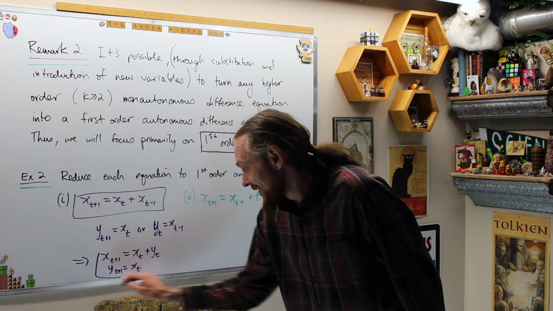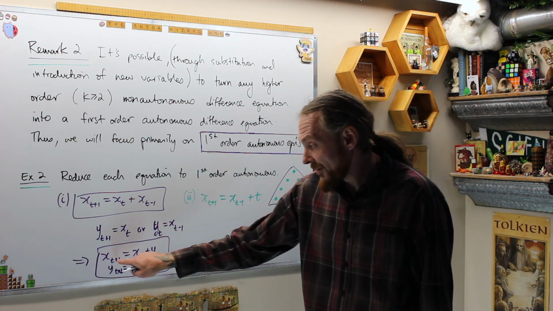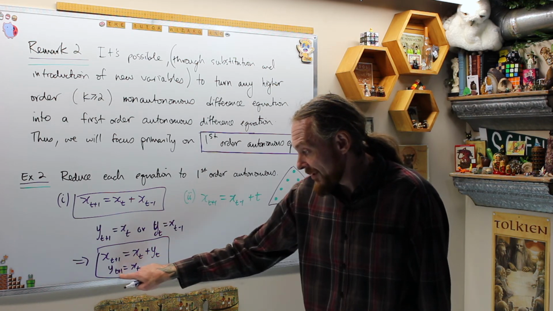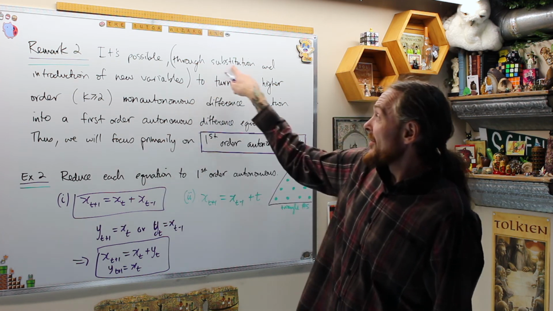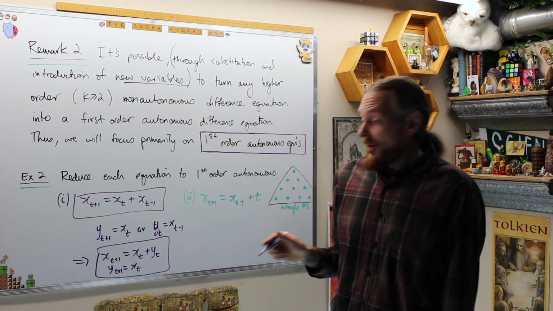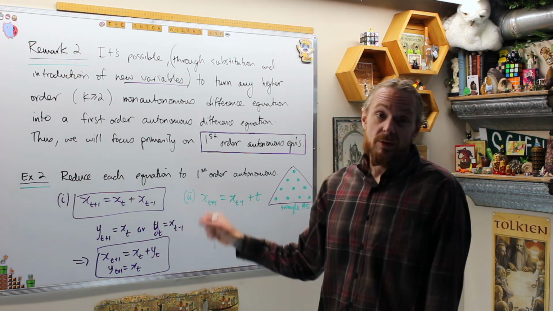You see what that's done? It's now given us a system of difference equations, but they're both first order. This one is t plus 1 and t. This is t plus 1 and t. So what that has done is transformed this equation by introducing a new variable y. We've now transformed it into a first order difference equation.